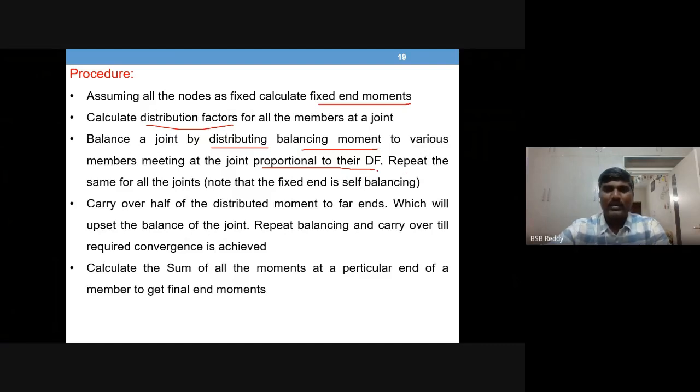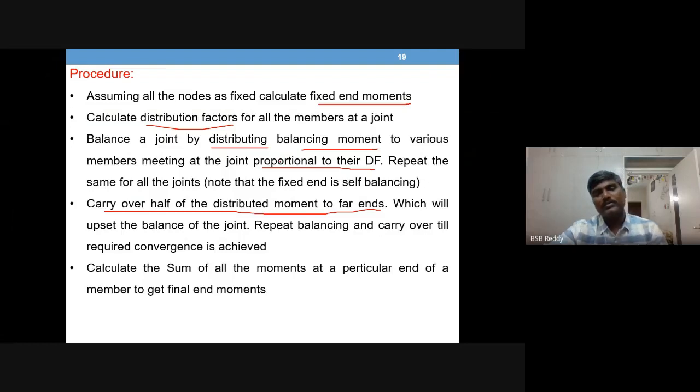Once you distribute the balancing moment, that will be carried over to the far ends if the far ends are fixed. That is the next step. So distributing the balancing moment, the balance remaining at the joint, that is the third step.